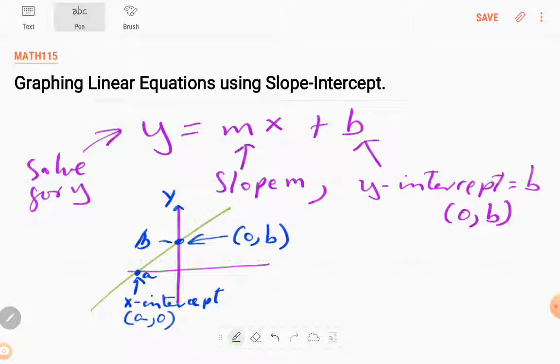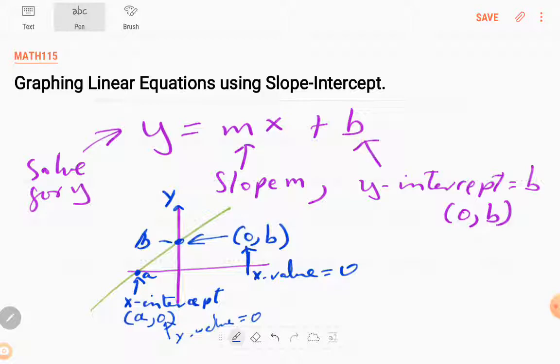So for the y-intercept, the x value is always equal to 0. And similarly for your x-intercept, the y value is always equal to 0.